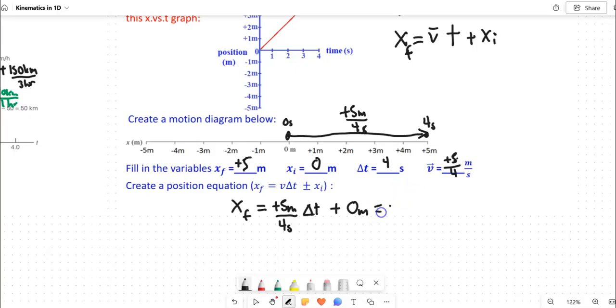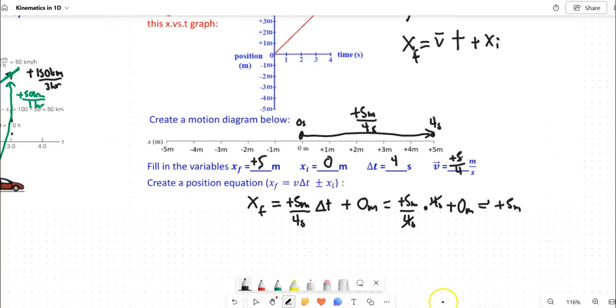Positive 5 meters over the period of 4 seconds, delta t is going to be 4 seconds, and starting out at a position of 0 meters. 4 seconds is going to cancel out with this. So this is positive 5 meters plus 0 meters, which is going to be positive 5 meters. So it works. We could also predict anywhere it's going to be.